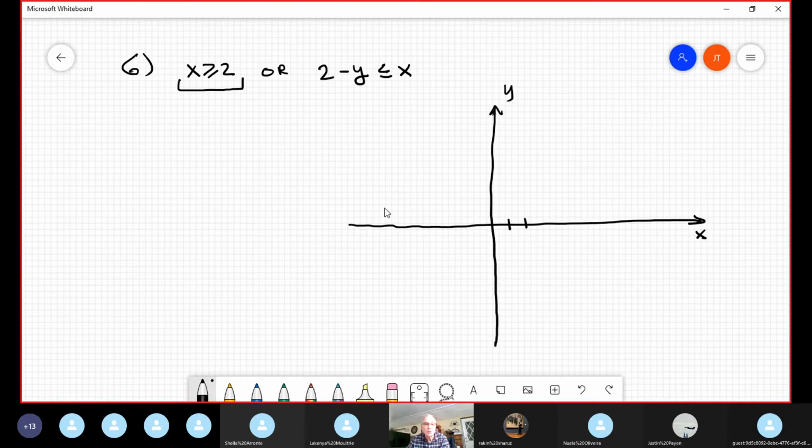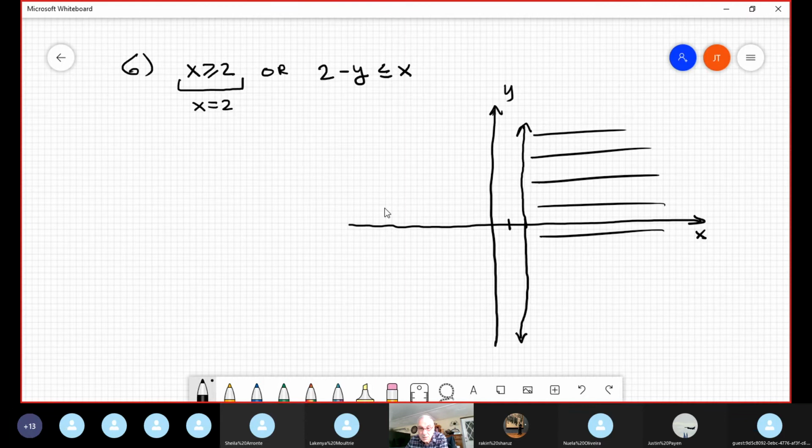It's obvious when you change to an equation, to understand much better the line that separates two semi-planes. It's a vertical line, and it's solid because it's equal. So it's a solid line. And the part that you shade is to the right.